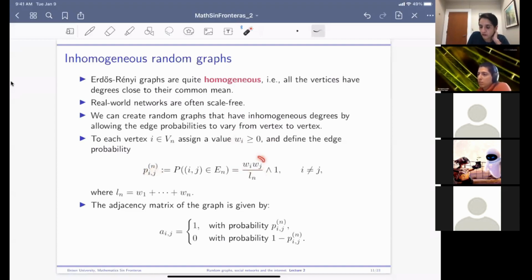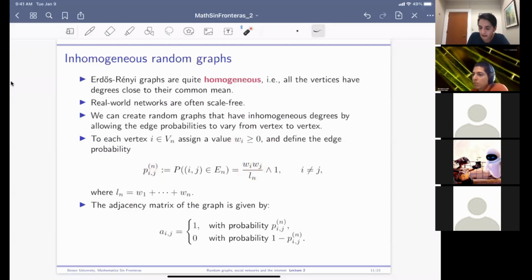So if both of them are large, this product W_i W_j is going to be large. We're going to scale that, or divide it, by the sum of all the weights to make the model and the limiting regime work. And we're going to take the minimum with 1, just because I can't guarantee that this product is smaller than the denominator, and this after all has to be a probability.